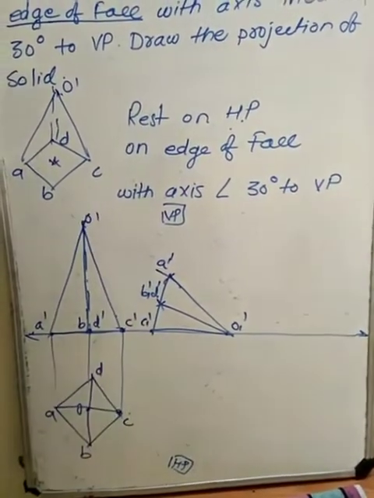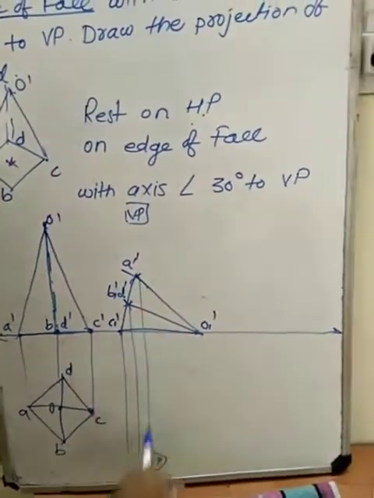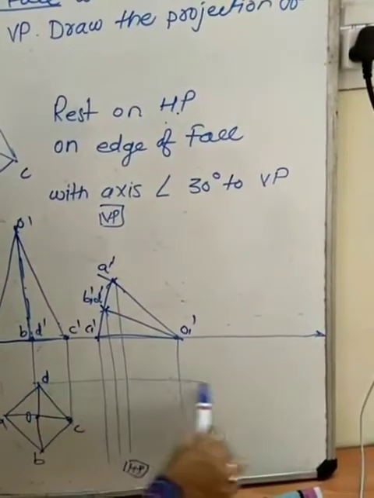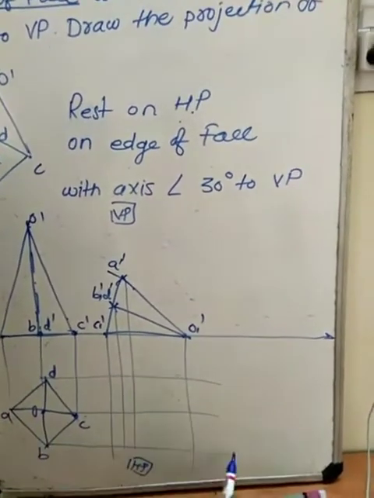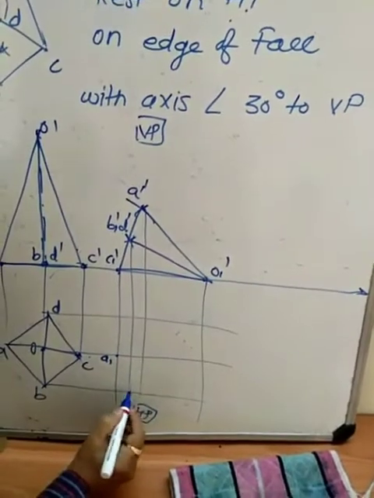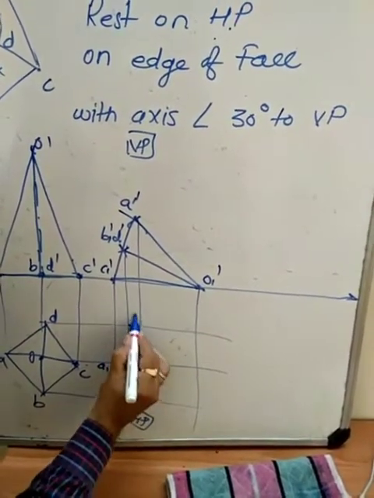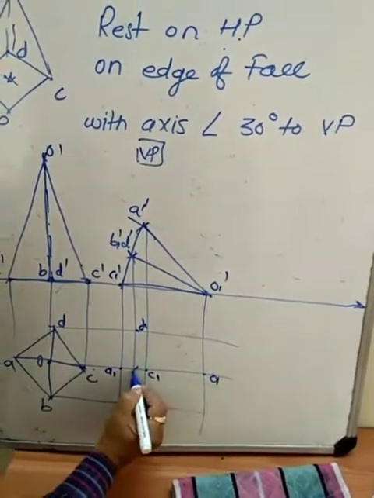Okay, axis. Understand? So this is the second step, the front view and top view of the second step. Now project. So here A1, B1, C1, D1, O1 and X.